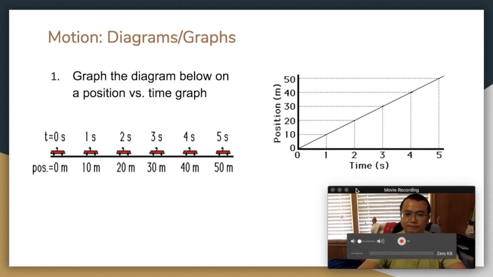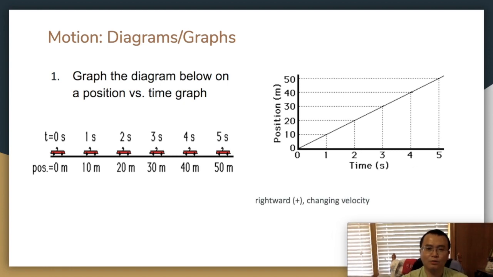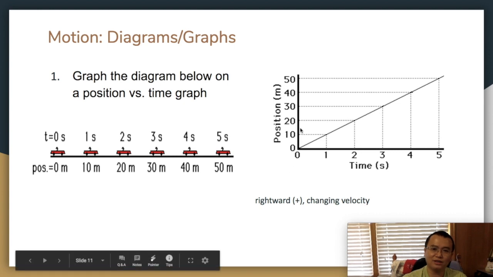From this, what you can tell is that the object is moving right. We usually define positive as to the right and negative as to the left. That's why you can see this number going up here.